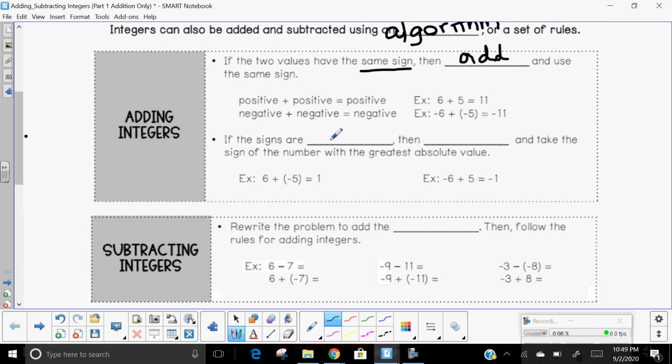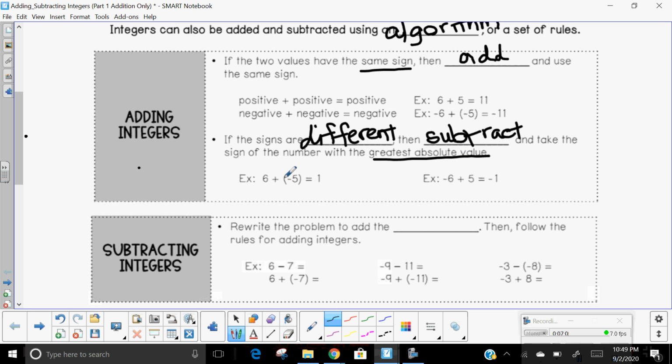Okay? Now, if the signs are different, what do we do? If they're different, then we subtract the numbers, and take the sign of the number with the greatest absolute value.